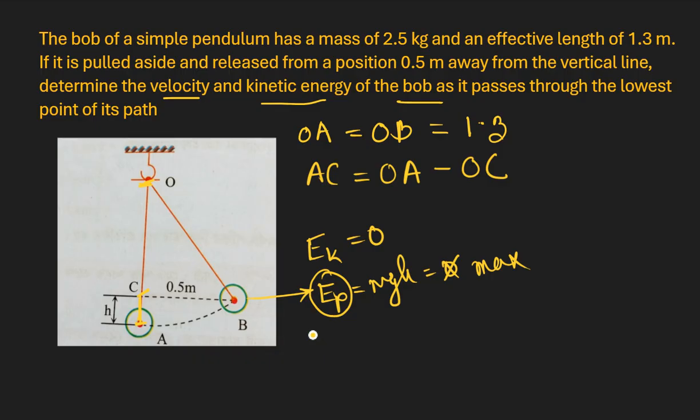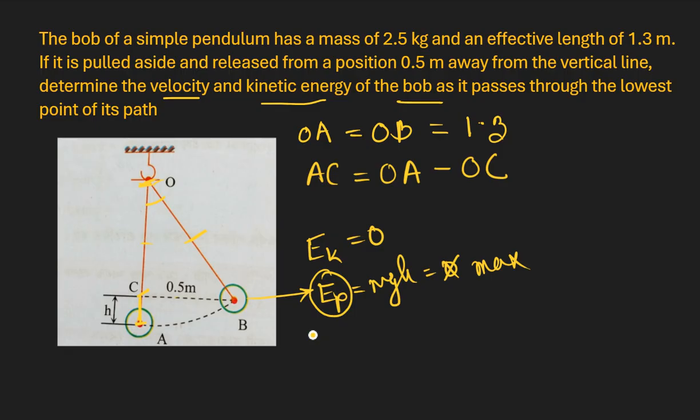And if we consider O, C and B as a triangle, obviously C is the right angle. OB is the hypotenuse, and OC is the perpendicular, and BC is the base. Or maybe if you consider this angle, indeed OC is the base and CB is the perpendicular.